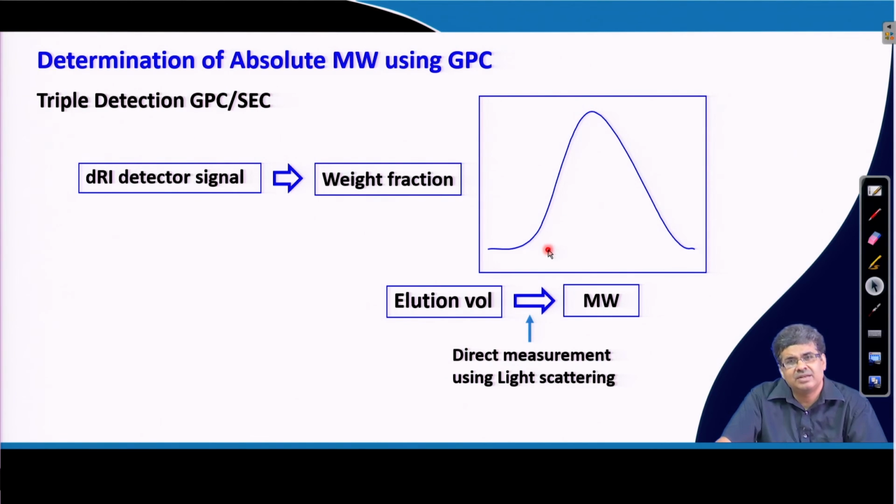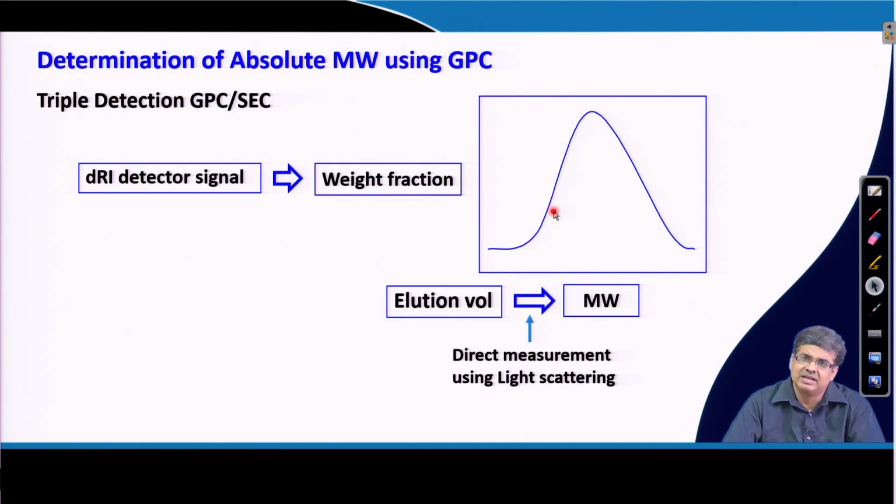So, from that we can get the values for concentration close to 0, and using at least 1 or 2 detectors, we can extrapolate the scattering intensity value at theta equals 0.